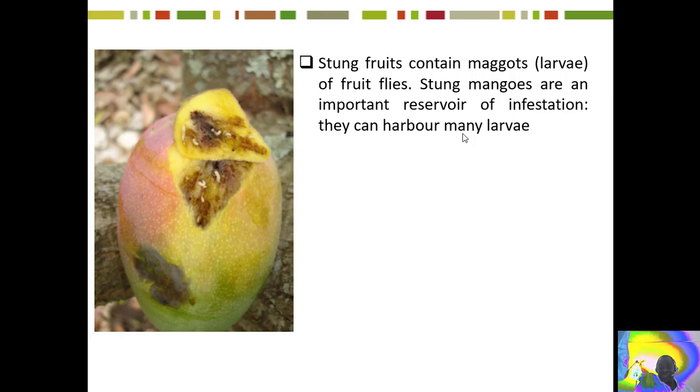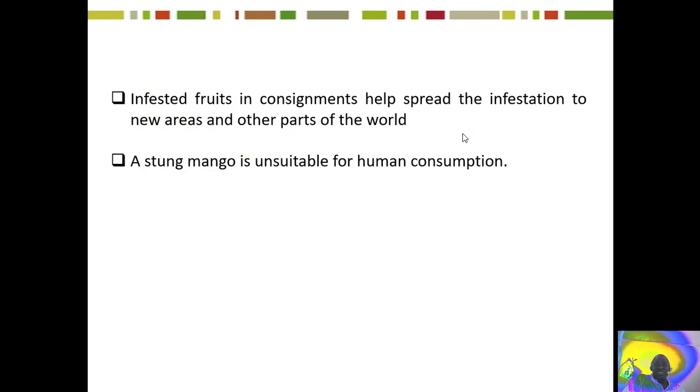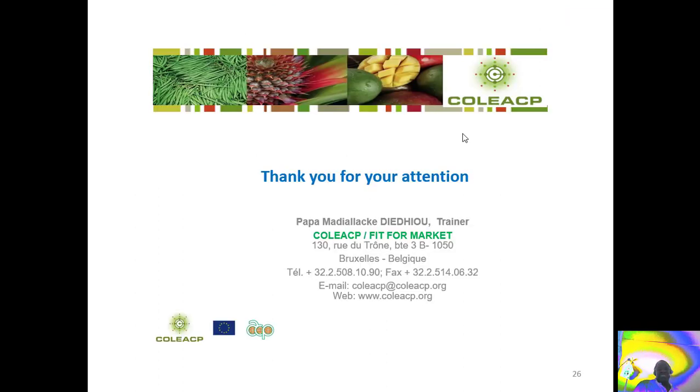It's very important. And we also know that those infested fruits are not consumed. They are not suitable for that. And since they are also sent very far away, if they are not detected, they will be the vehicle for the infestation of new areas or new countries, new parts of the world.